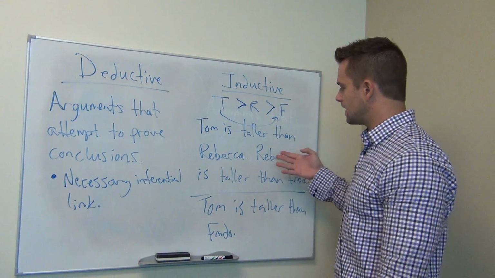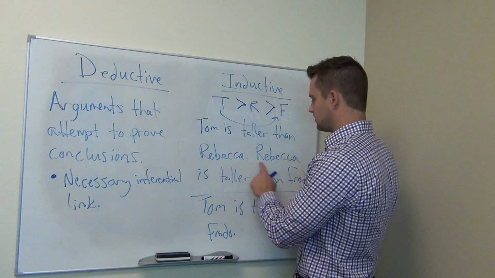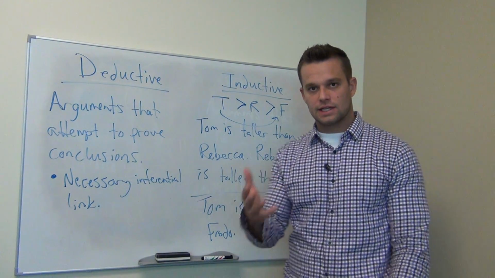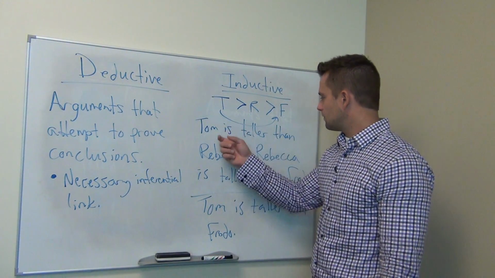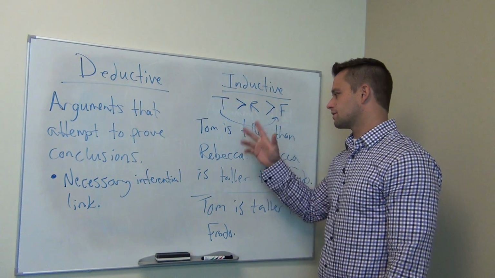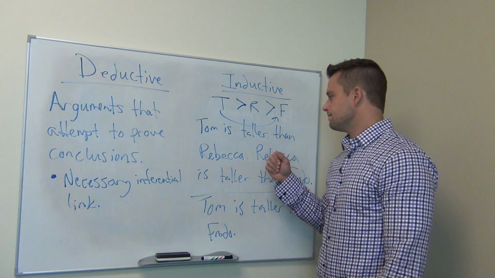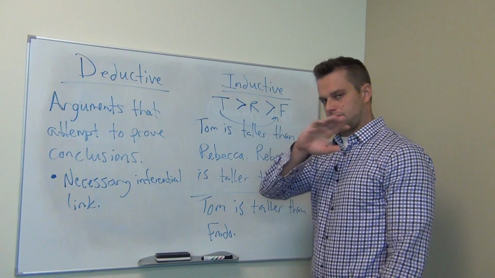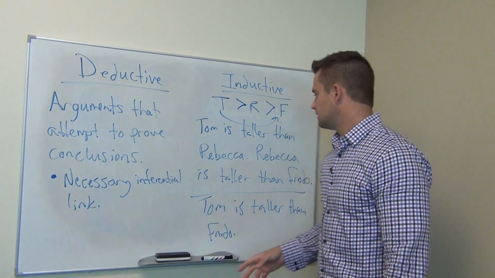We can change this form into a specific form called hypothetical syllogism. It's currently not in that form, but if we were to change these to if-then statements, what are called conditional statements, if we said if Tom, well, actually, that doesn't work. Scrap what I just said.